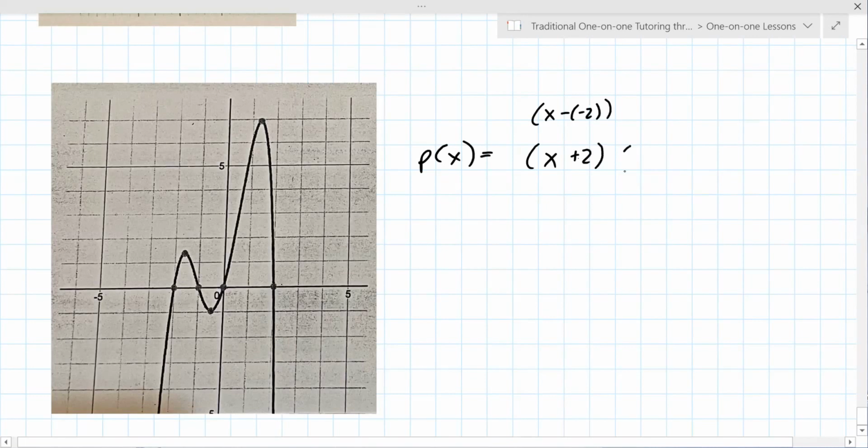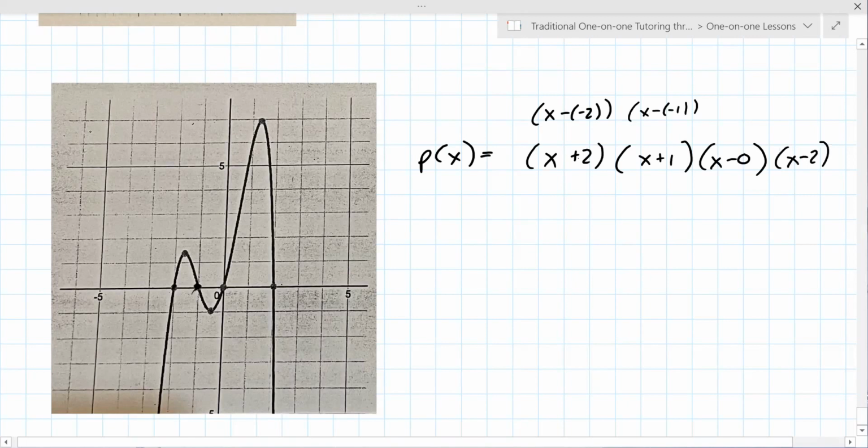What's the next one? -1. So it's x minus a minus 1, which becomes x plus 1. Then what do you have here at 0? 0. So you could write x minus 0. And then over here at 2, x minus 2.